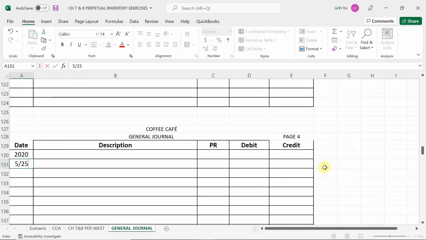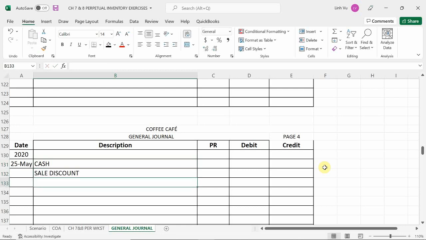So it is May 25th, right? We're always going to receive cash for this sale, right? It's cash sales. We're going to recognize the sales discount because in this case, sales discount is what's going to decrease my sales, okay? And because we sold stuff, we're also going to charge tax on it because we sold it in store, okay?